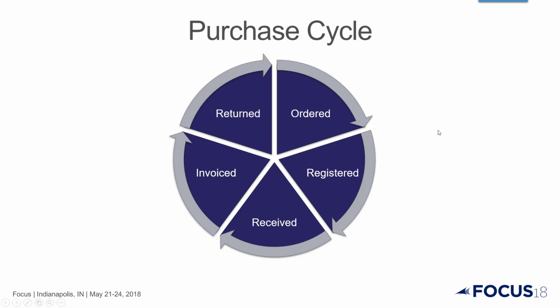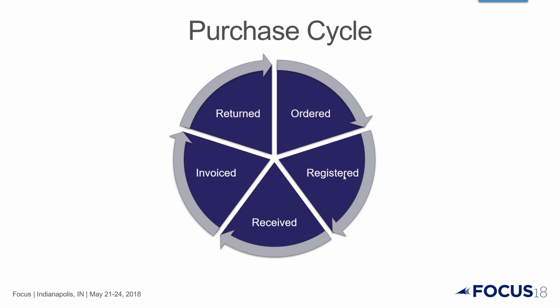So here's the purchase cycle. You've got the ordered, same thing. Registered. Registered says we have acknowledged the receipt at the warehouse. You don't need to do a registered transaction, but typically, if there's a difference in time between when you realize it's here and when you put it away, you register it and then you receive it as part of the put away process.